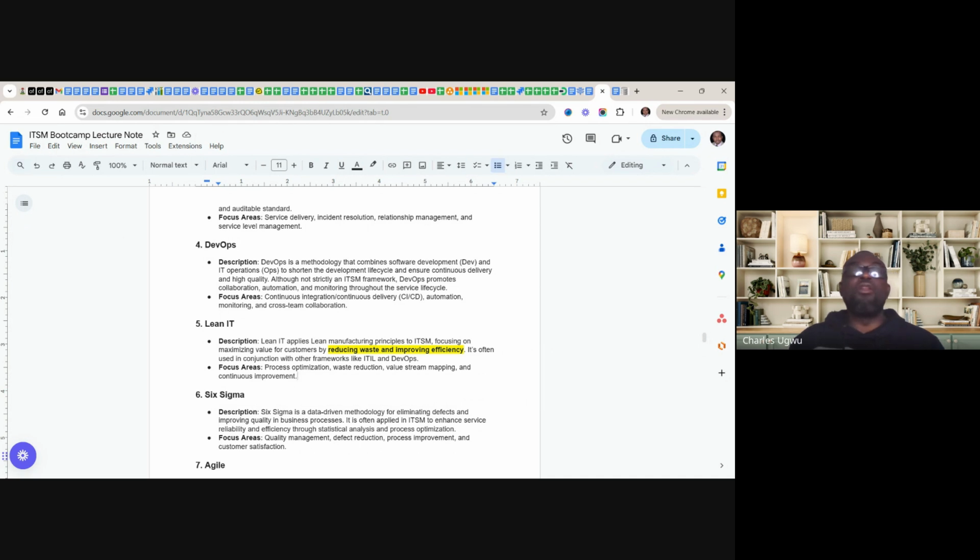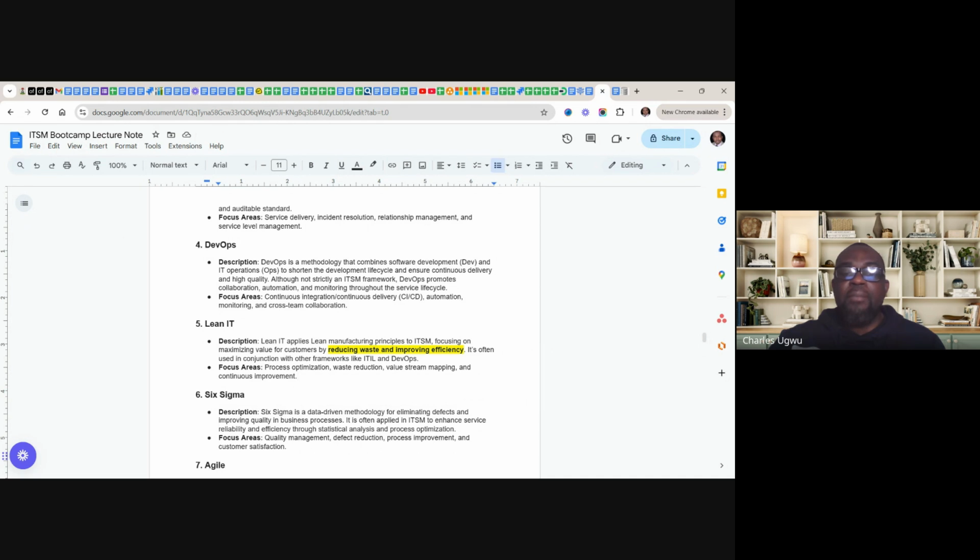You've saved a lot of time and money for the organization by automating repetitive activities. So this is what Lean is preaching. You bring Lean into your IT services, and it helps to refine their processes. Then we have Six Sigma. Six Sigma is a data-driven methodology for eliminating defects and improving quality in business processes.